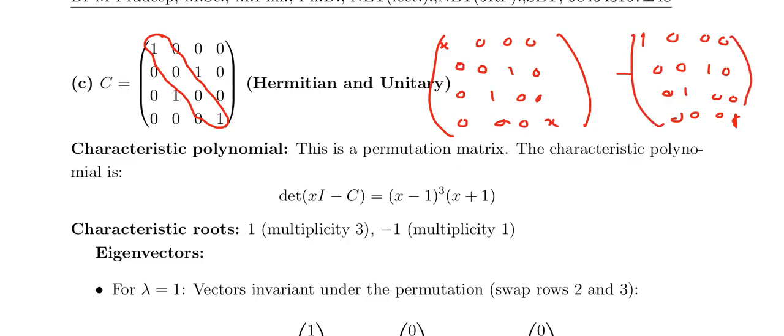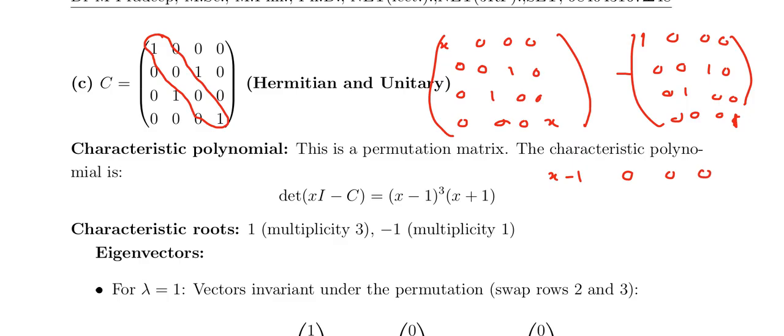So இது ரெண்டுத்தையும் subtract பண்ணீங்கன்னா this is called x minus 1, xI minus C, that is called x minus 1, and மீதி எல்லாம் 0 தான்.